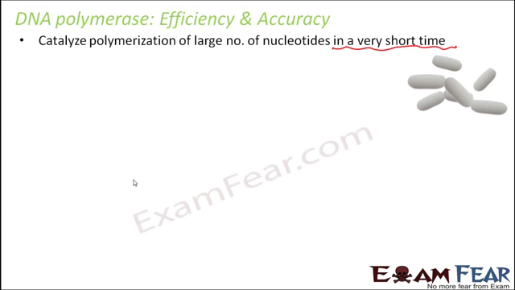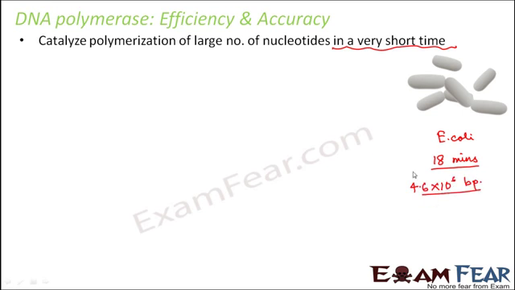If you talk about the speed of polymerization of DNA polymerase, it has been found that in E. coli, one complete replication is done in 18 minutes. So generation 1 is being created in 18 minutes. And how many total base pairs are there in an E. coli? In E. coli, there are 4.6 into 10 to the power 6 base pairs.